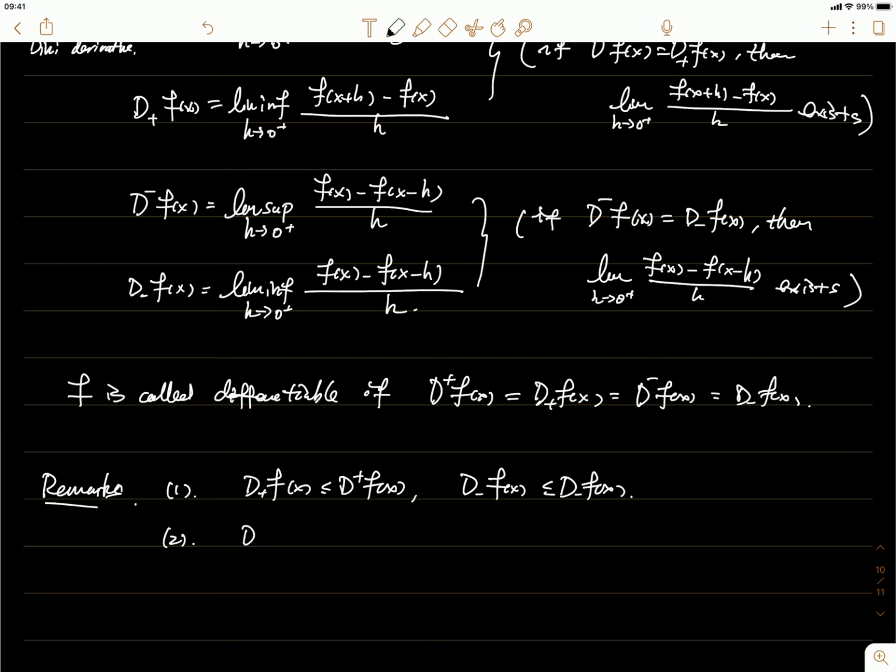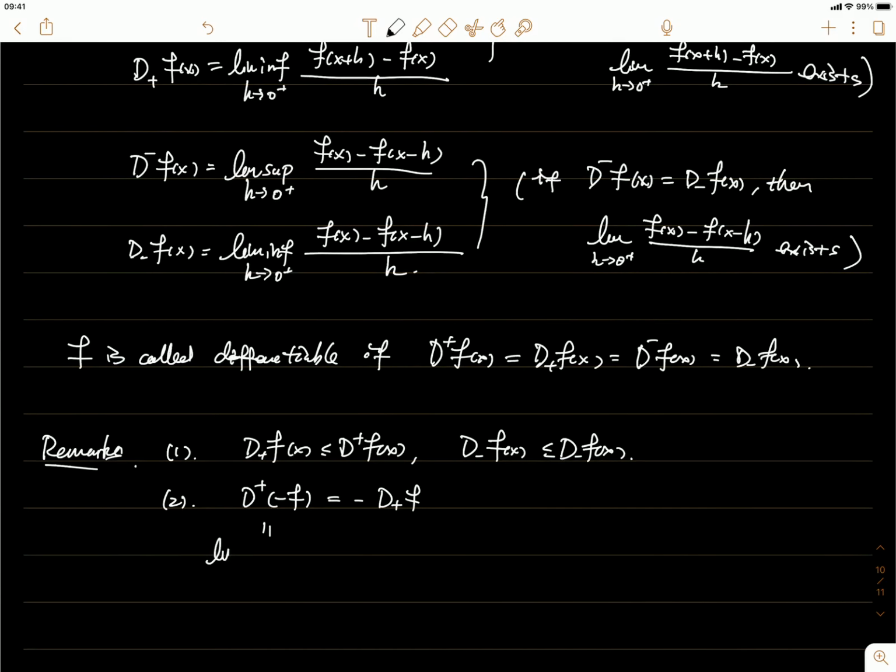So it's easy to check that the upper right derivative of negative f is equal to negative of the lower right derivative of f. This is because the one on the left is the lim sup of negative f of x plus h minus negative f of x, h goes to 0.